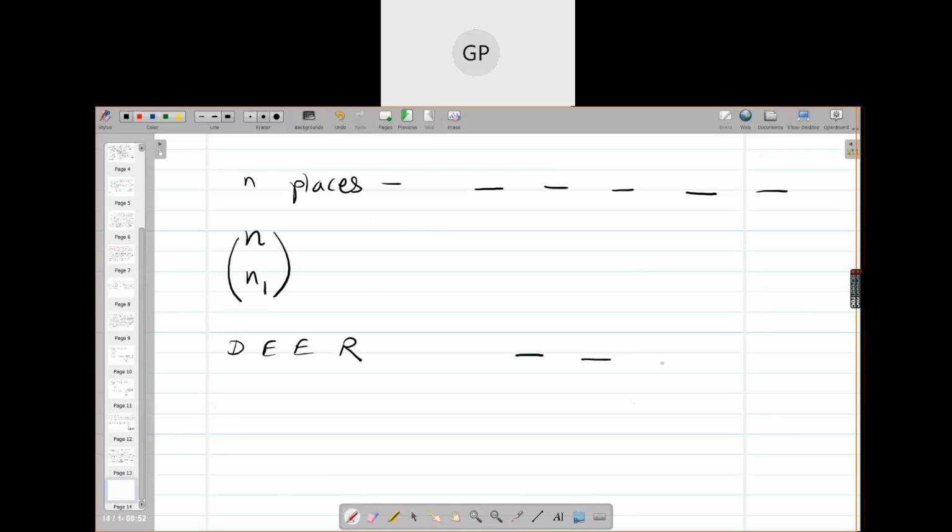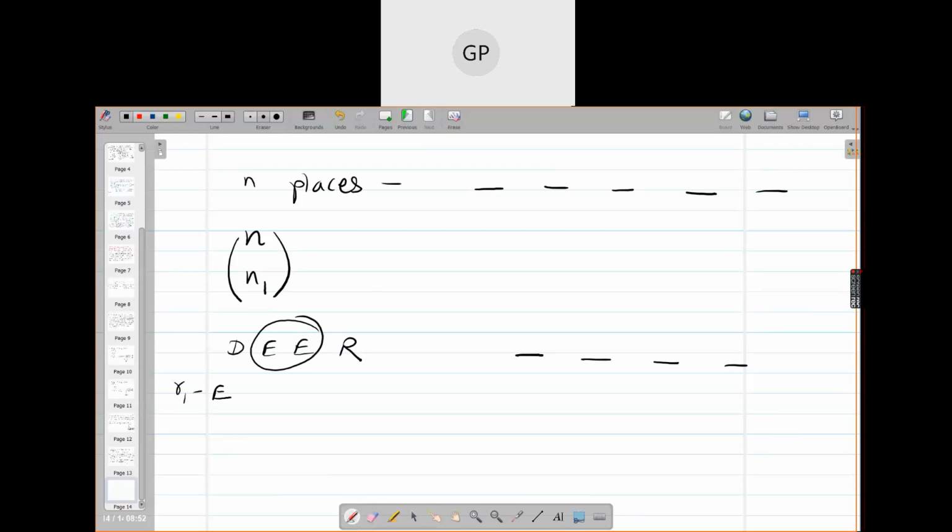What happens, see, suppose I have n places. First, I will choose the first object which is appearing n1 times. So I will place that object n1 times out of n places. That can be done in how many ways? nC n1 ways, right? You are choosing n1 places for that. For example, the word was DEER. There are 4 places. How many E's are there?